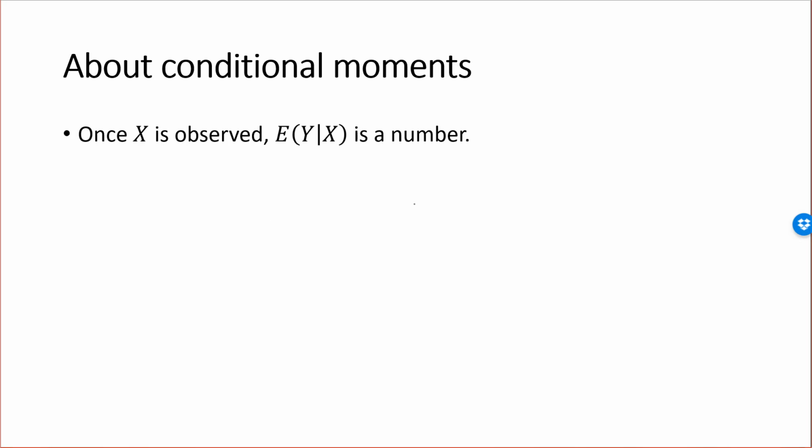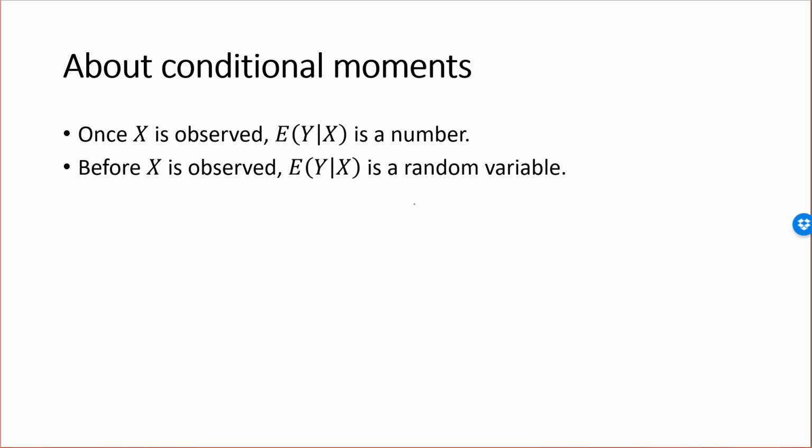So you need to think about the expected value of y given x if x is observed, that is x is equal to small x as a number, while before we know x, we don't know which number we will condition on, so then you need to think about it as a random variable.